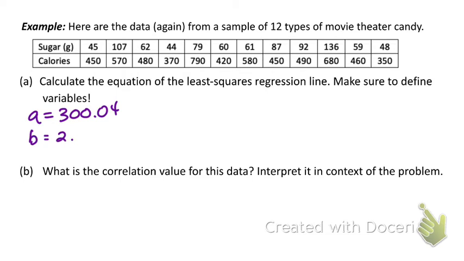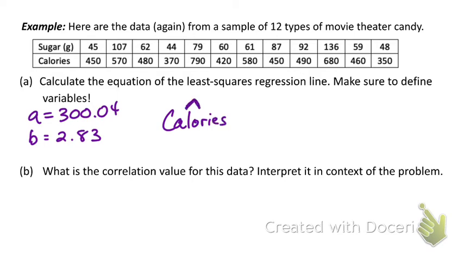Your b should be 2.83. Is that correct? Okay, so what? That doesn't look like an equation to me, but it is. Here's how. Are you using 4 or 8? It's 8.